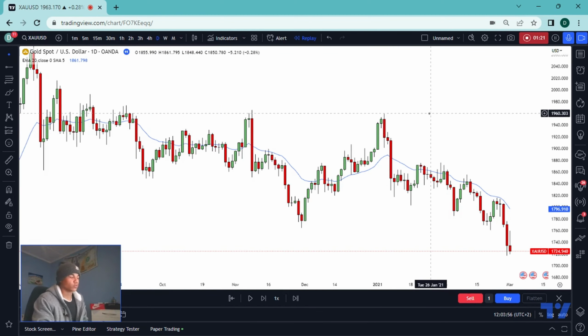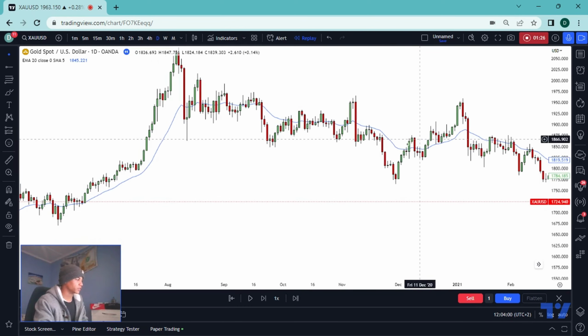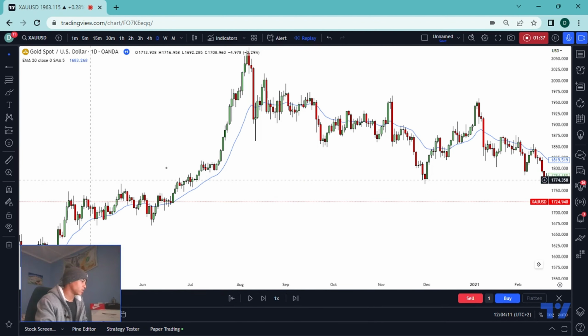So the first thing we need to do is draw up an area of support. We have to find where price is currently at, and is it at a level where price has been pushed away in dramatic ways. Well, yes, it has.